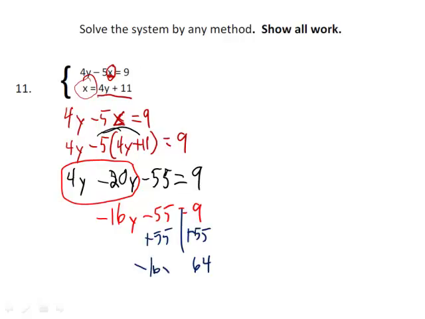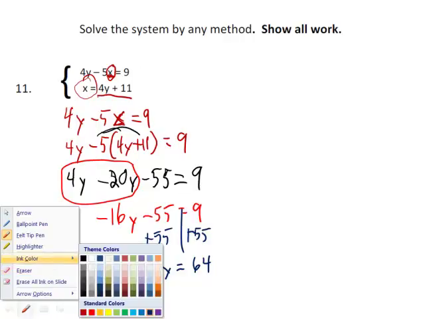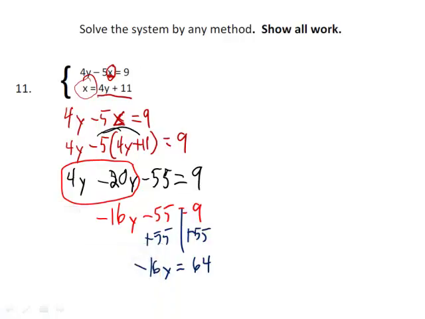Negative 16y equals 64. Finish it off by dividing by negative 16. Y equals negative 4.